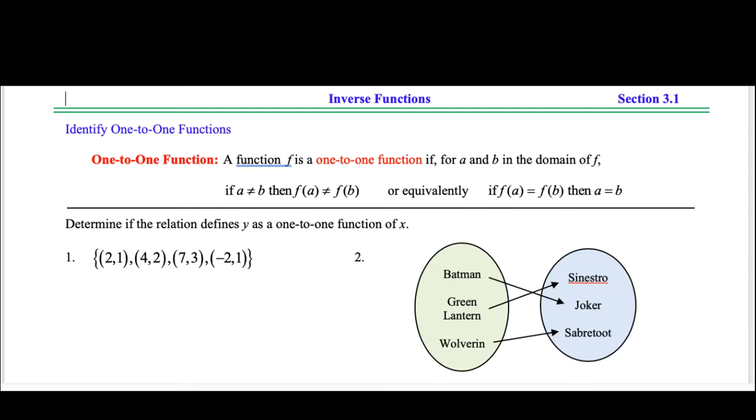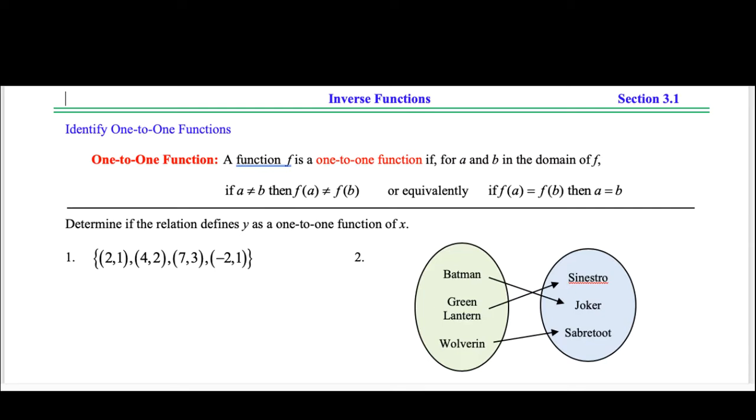So a function f is a one-to-one function if for a and b in the domain of f, if a is not equal to b, then f of a is not equal to f of b, or equivalently, if f of a equals f of b, then a equals b. So both of those conditions have to be met in order for it to be a one-to-one function.